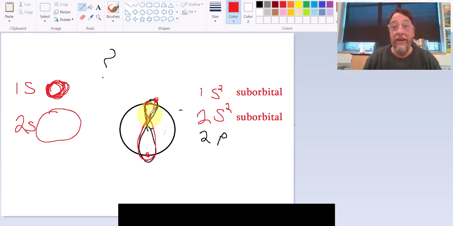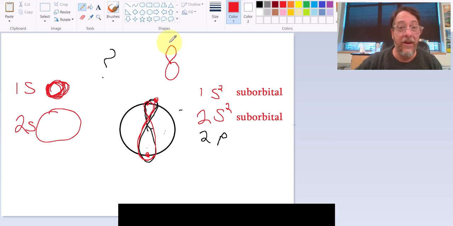Thank you, I'm back. And so we have these, and the p orbitals hold six, and they hold them two at a time. That one I just drew is on the y-axis.